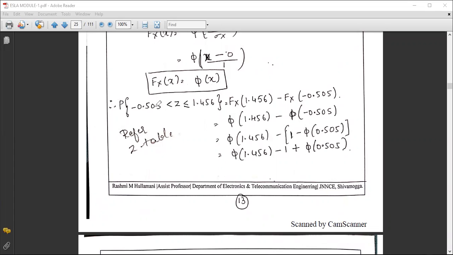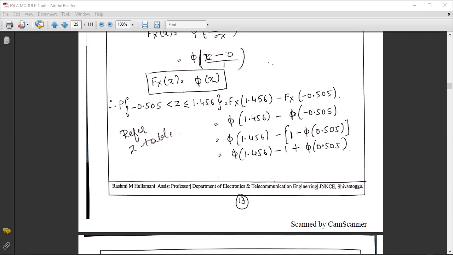Here x2 is 1.456, therefore F_X(1.456) minus F_X(minus 0.505), which is x1, the lower limit.